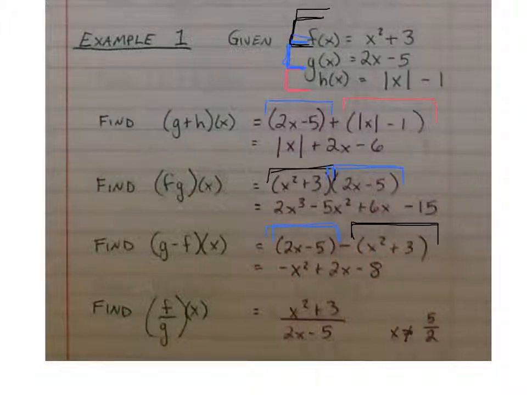And finally, the only one which is slightly different is f divided by g. So we write our f rule divided by our g rule, and then we list any constraints that this sort of function operation creates. Since g is 2x minus 5, we find that x can't be 5 halves.